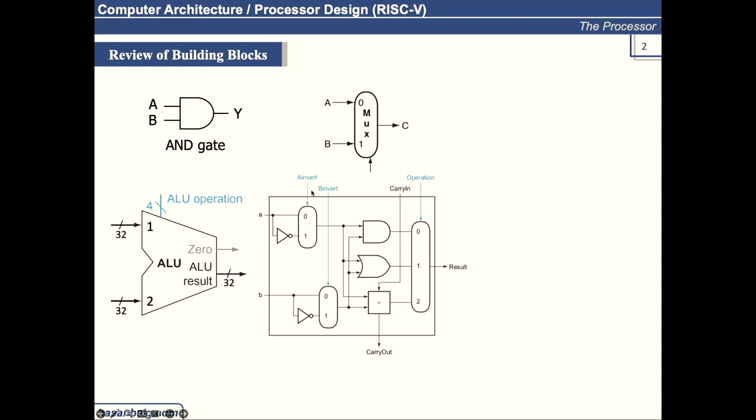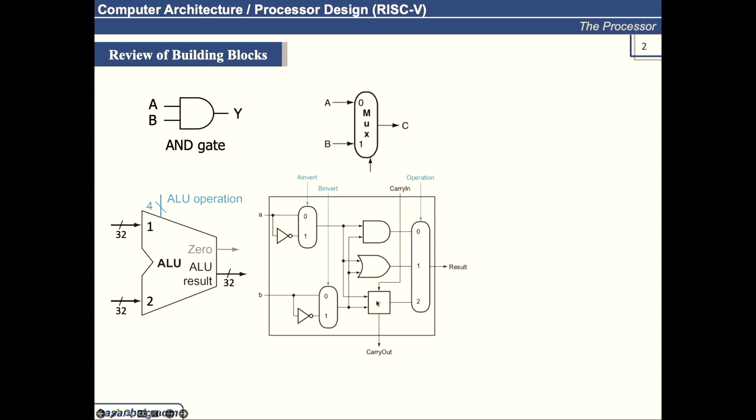You can see A invert, B invert are 2 out of these 4 control signals, and then we have the operation bits, which are also 2 bits wide. And we know that this B invert signal is actually tied to the carry in also. I'll show you later. So this helps us perform addition, subtraction, and, or and some other logical operations.